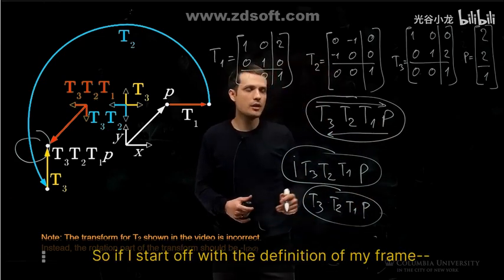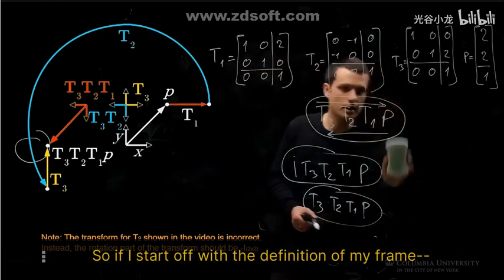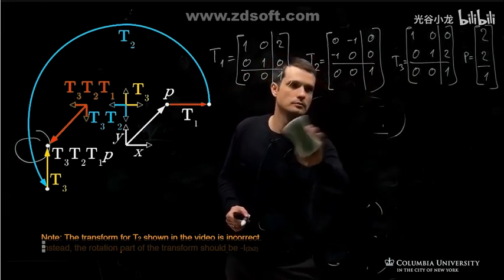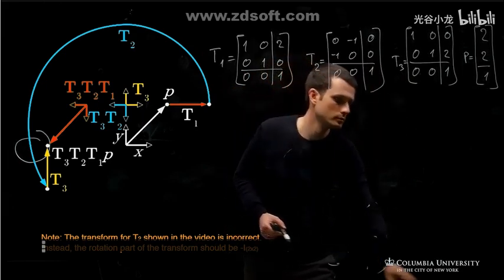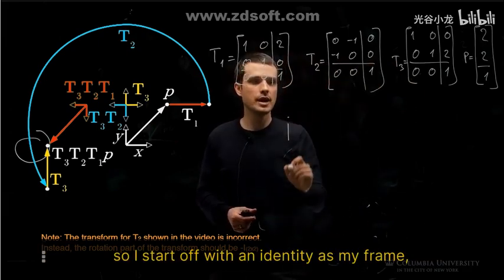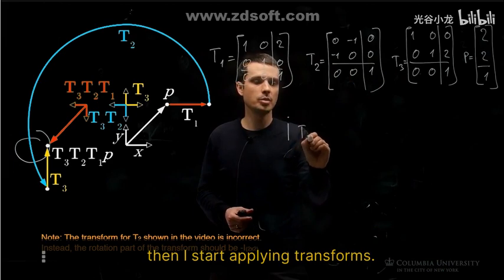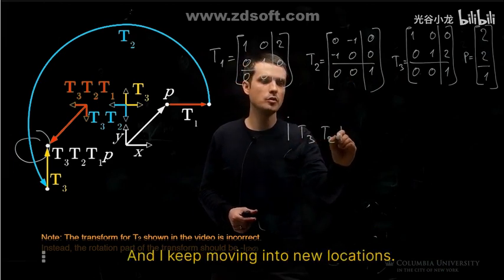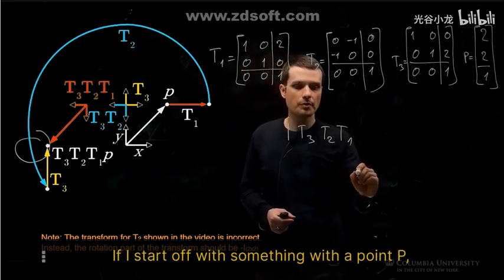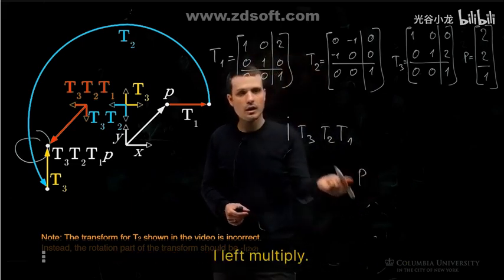So if I start off with the definition of my frame, so I start off with an identity as my frame, then I start applying transforms, and I keep moving into new locations. If I start off with something, with a point P, I left multiply.